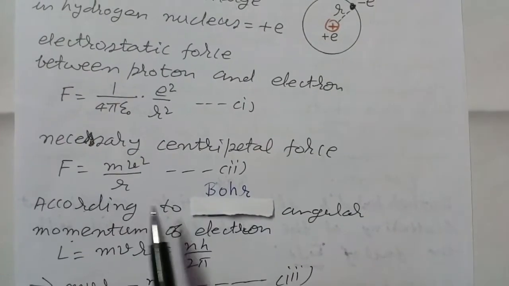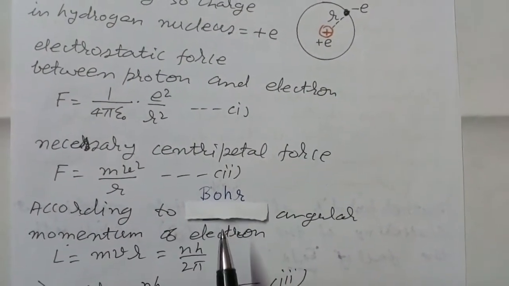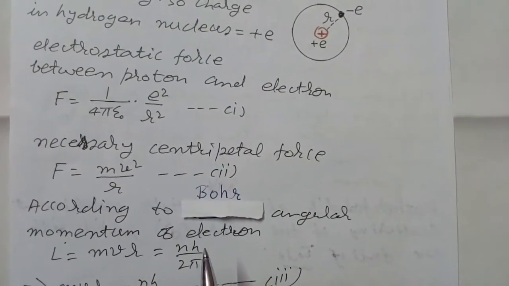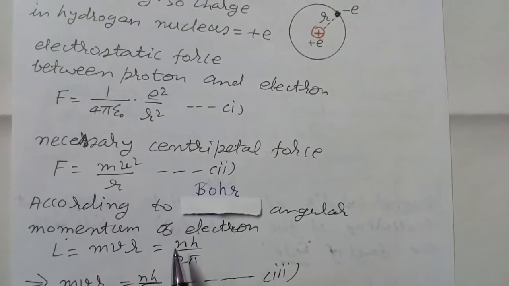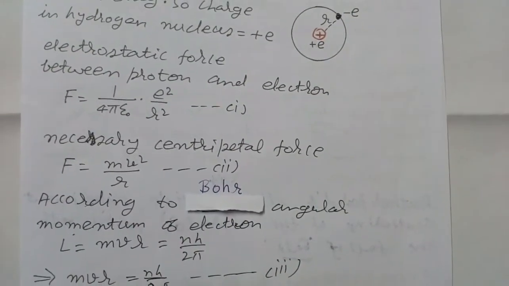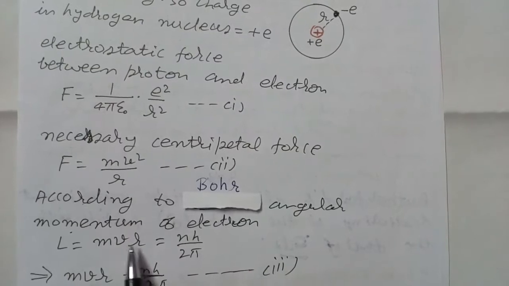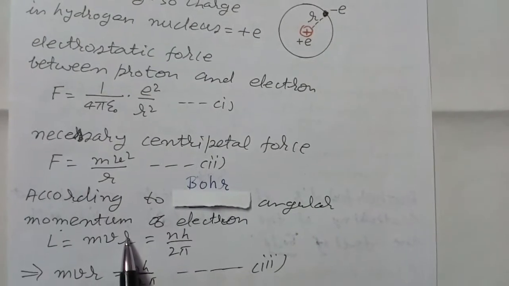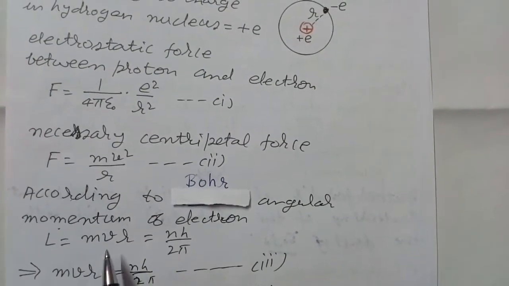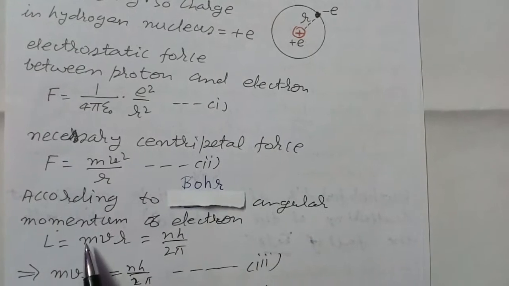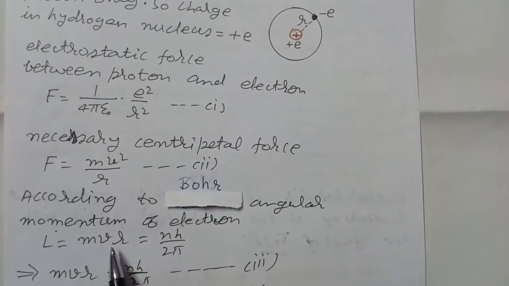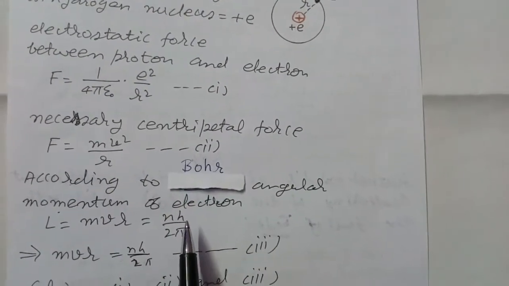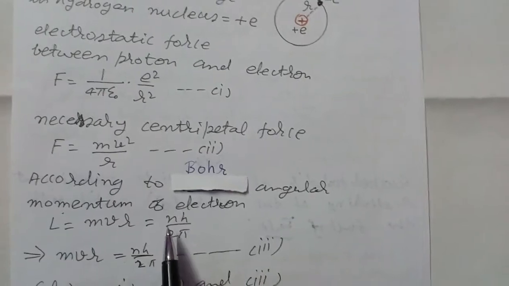Now according to Niels Bohr's atomic model, the angular momentum of the electron when it is revolving in the nth orbit in case of hydrogen atom is equal to nh upon 2 pi. mv is linear momentum; when this is multiplied by the radius r of the circular orbit, we get the angular momentum mvr, and this is equal to nh upon 2 pi, where h is Planck's constant and n is the number of the orbit.